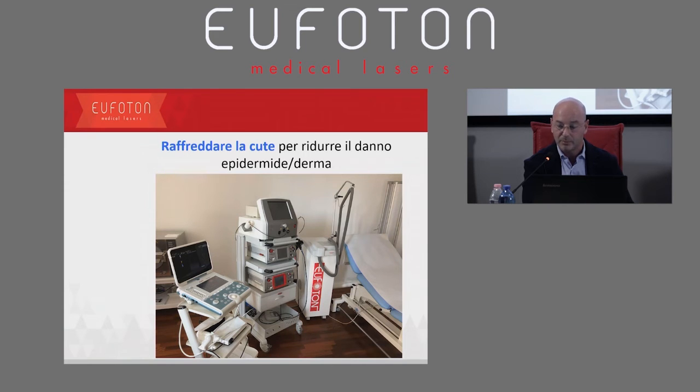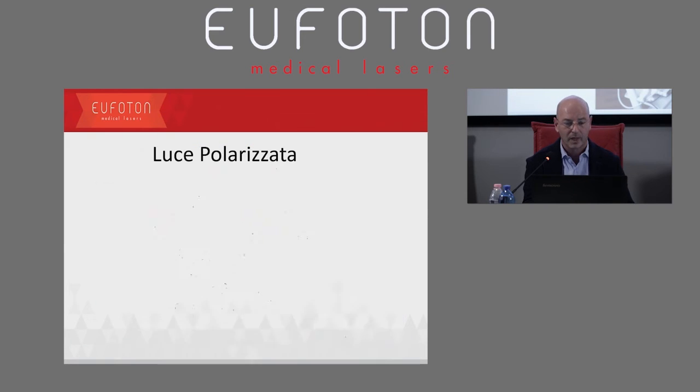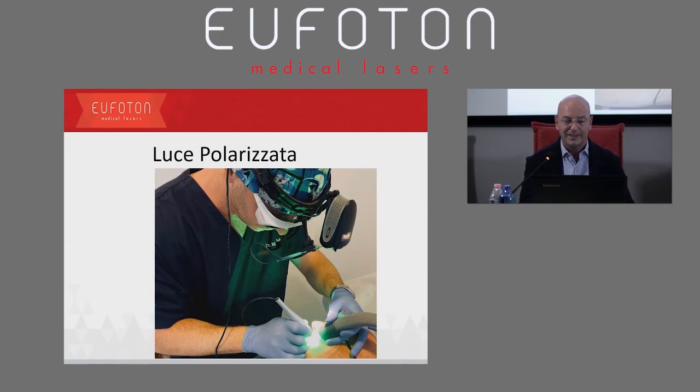One of the reasons why, as I said before, you can broaden the spot is this. You don't always have a cryogenic device available. You can apply some ice cubes onto the skin, hence reducing the skin damage that is hence caused.